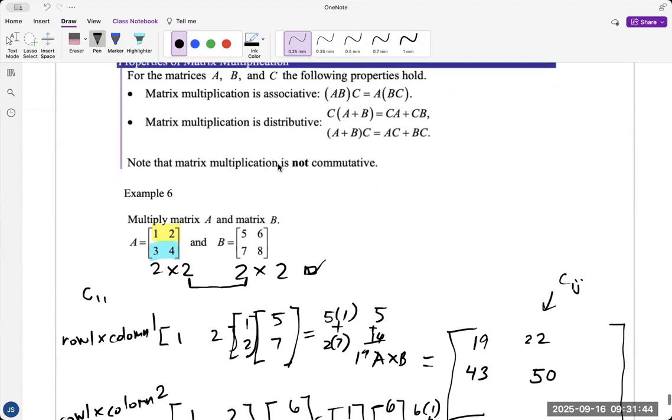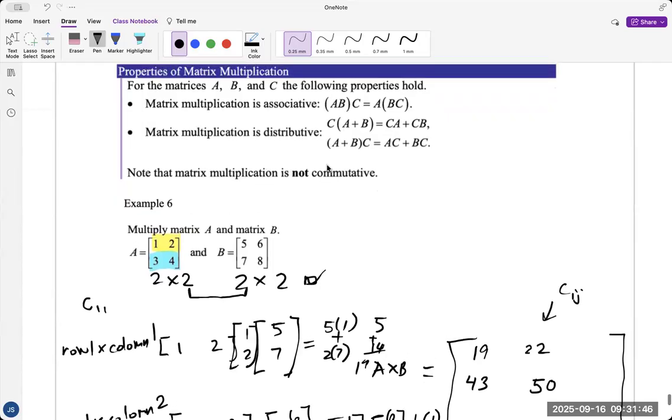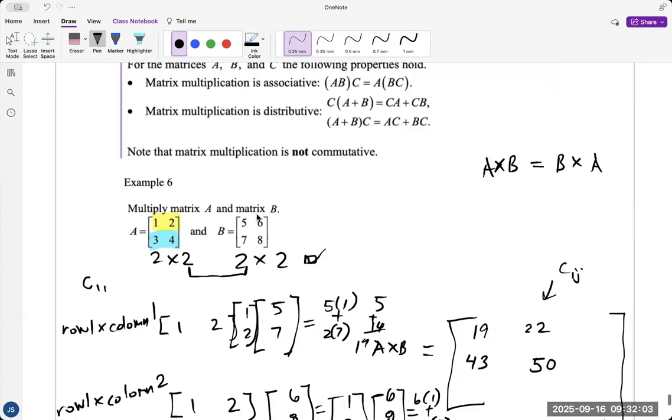Oh, but they do tell us, note that the multiplication is not commutative. And that makes sense. If I do A times B, it's not equal to B times A. So we have to make sure that the order in which we multiply matters. We know that's true because not all matrices can even be multiplied together, period, if you switch them.